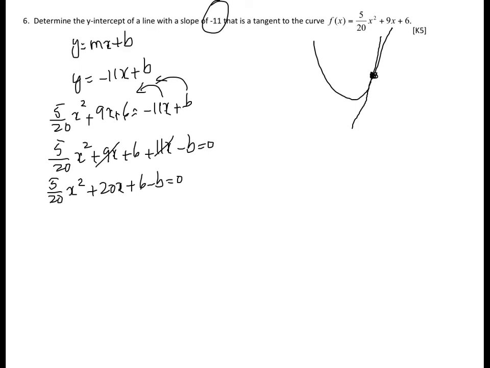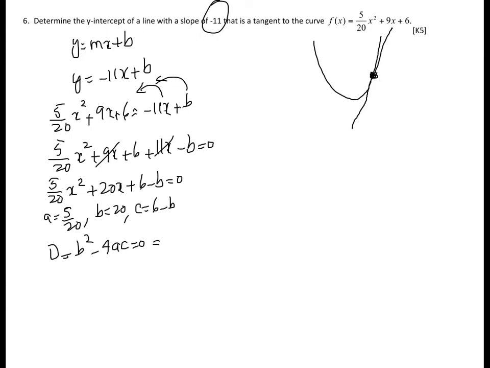Now, if you look at this one, a is 5 over 20, b is 20, and c is 6 minus b. Since it's tangent, we know that the discriminant, which is b squared minus 4ac, has to be equal to 0 because there is only one point of intersection.